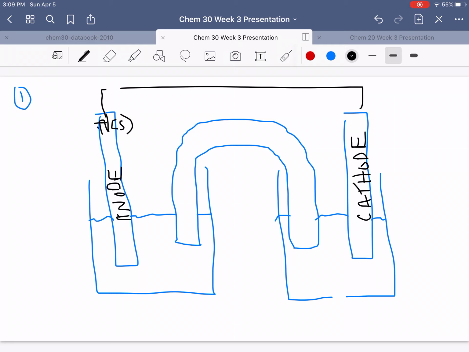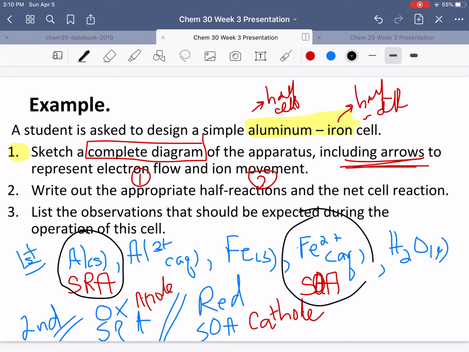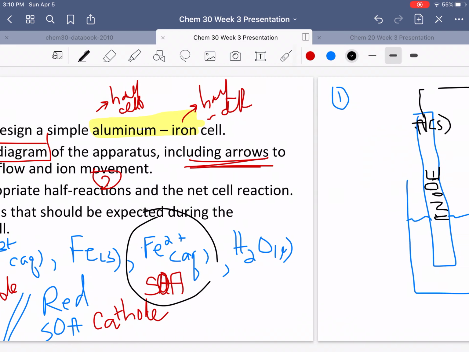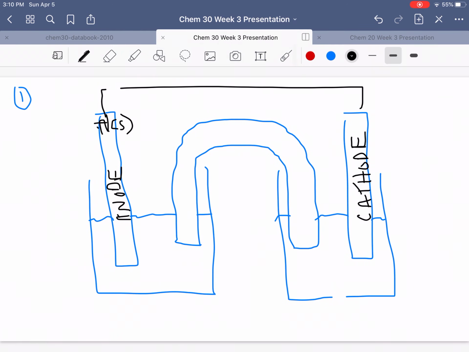Same thing. Your cathode is where the strongest oxidizing agent is and where reduction is occurring. So we can't label Fe2+ as an electrode. Electrodes have to be solid conductors. So that means the corresponding solid, Fe solid, is the actual cathode. All right.